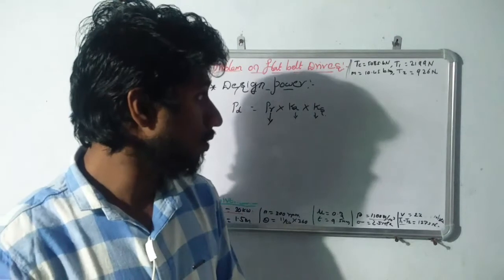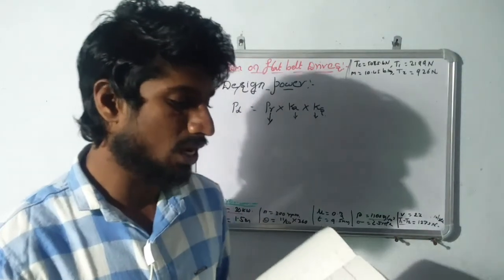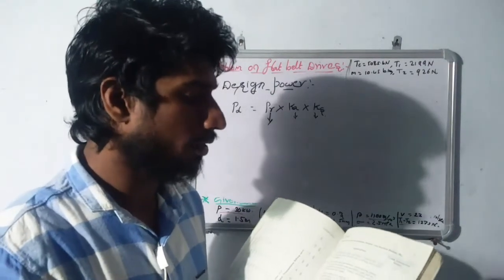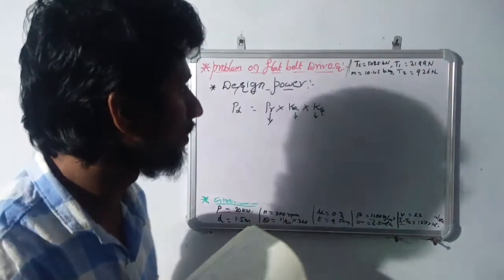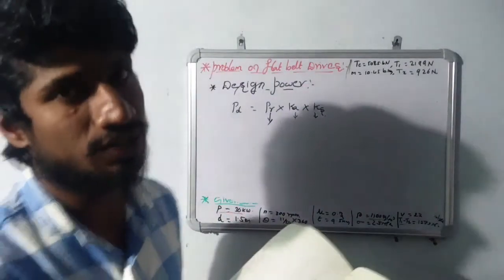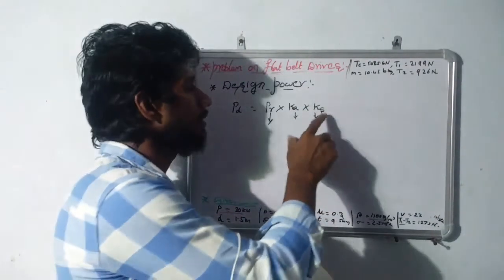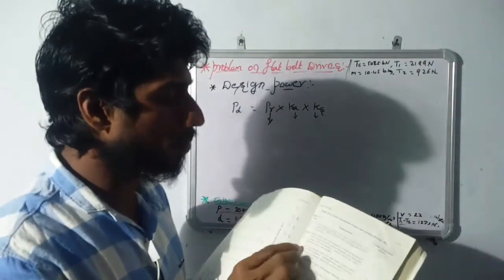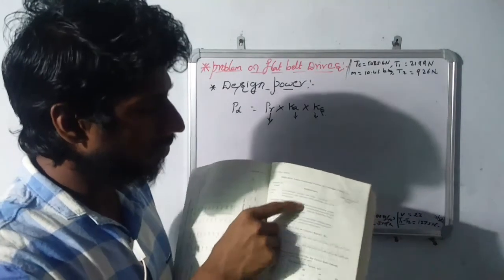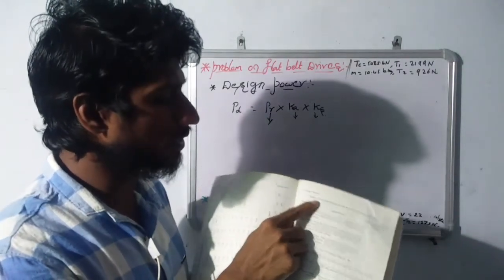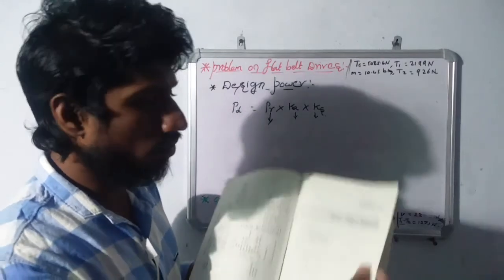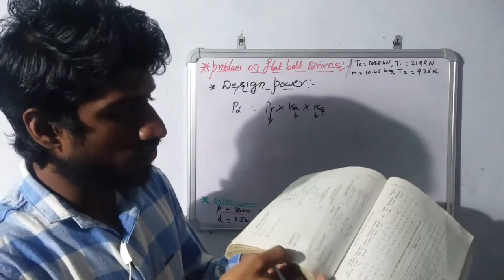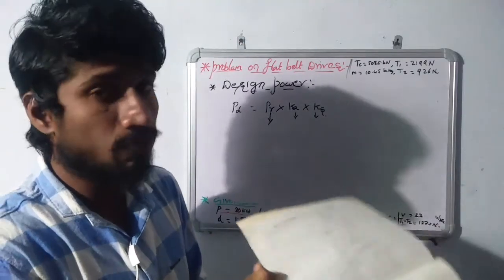The first one is the service factor or load correction factor. Ks is the service factor or load correction factor. For that, it is table number 21.6 in the chapter of flat belt drive, where each and every step of the design process of the flat belt drive is involved.